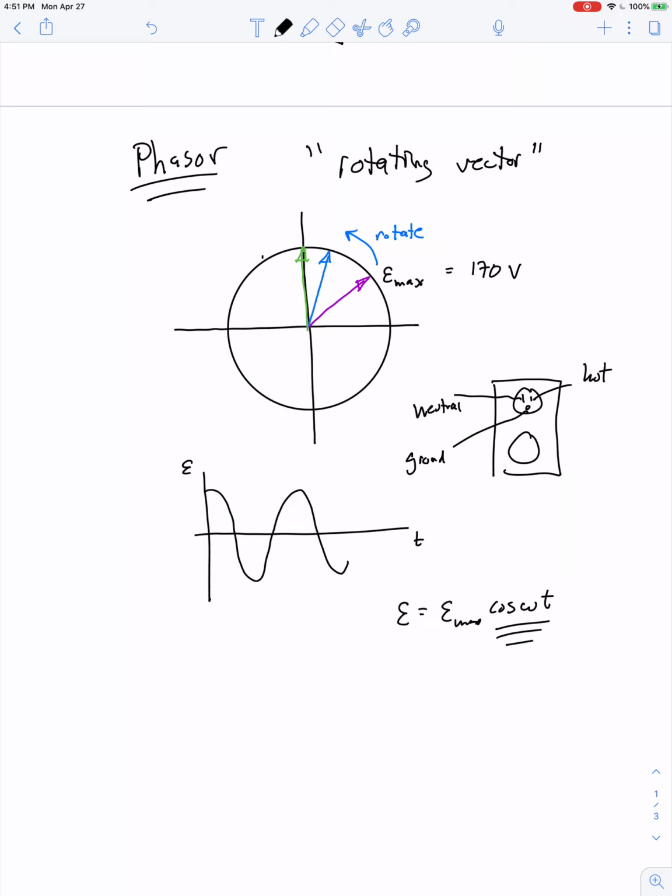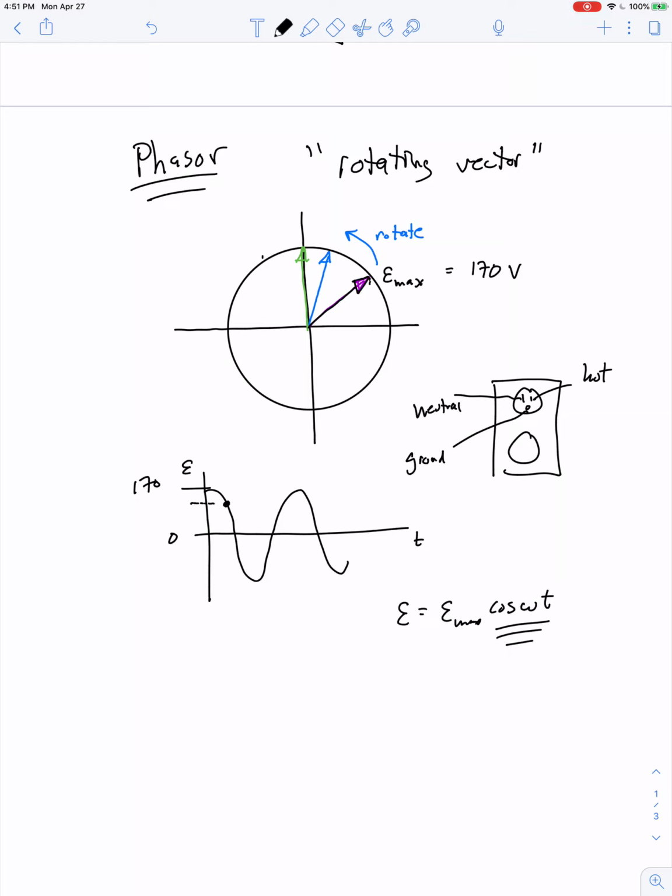Well, at some random point in time, let's say here indicated by this dot, then there's a value of the EMF that's greater than 0, but certainly less than 170. Well, that might correspond to the instantaneous value of the EMF when the phasor is in this position.